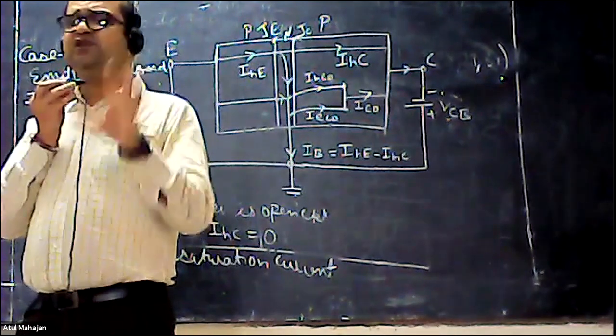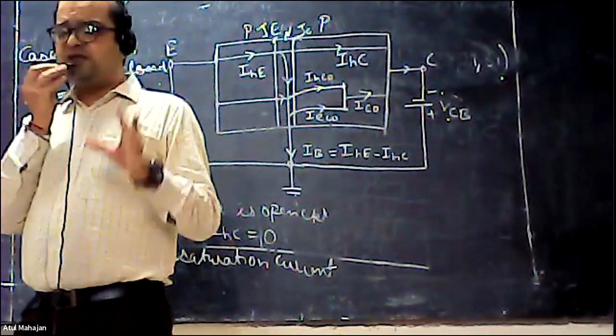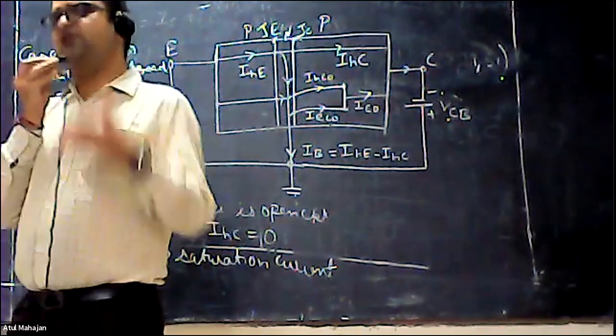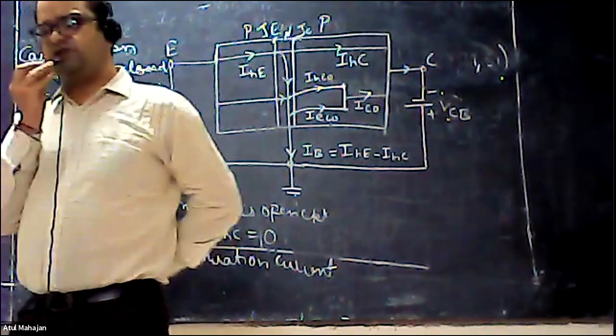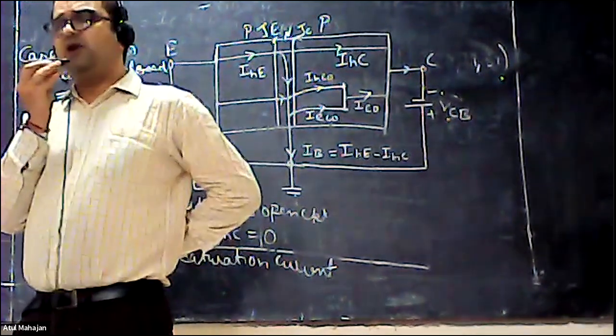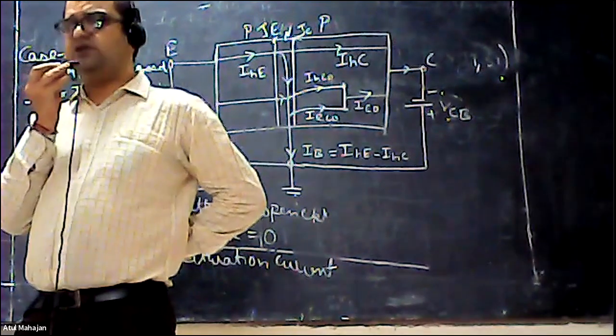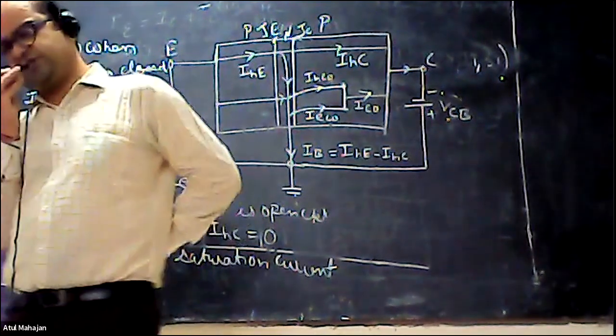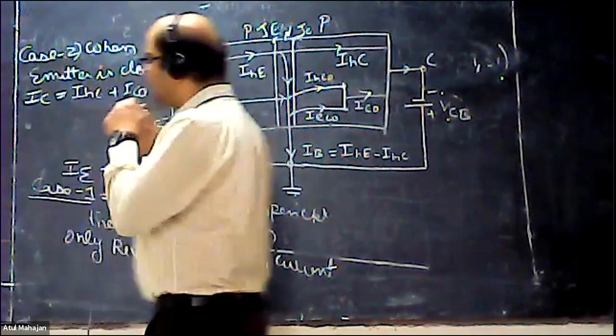Whatever the bias condition is, what is its effect on the particle concentration and movement, or the generation of collector current, or the generation of current at the output junction? So let's start with it.